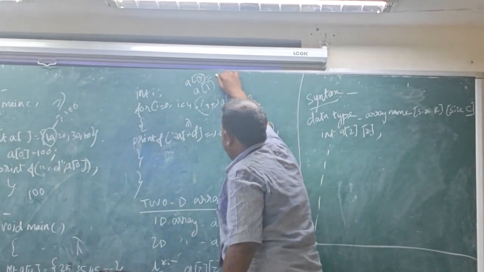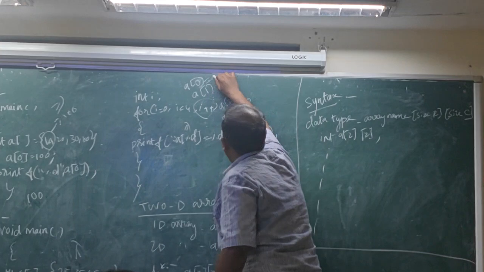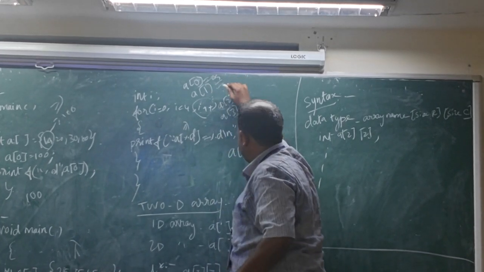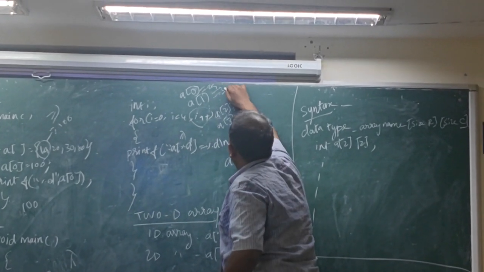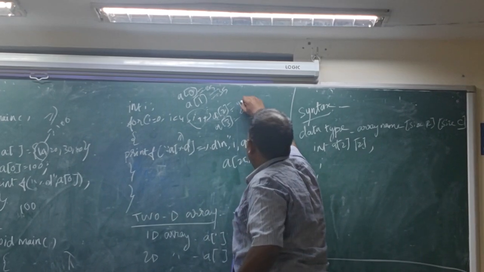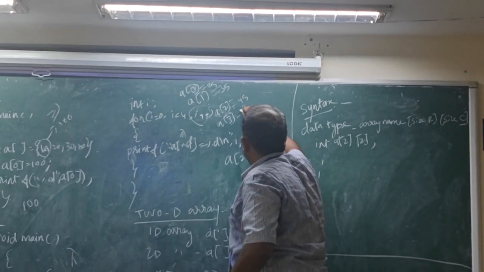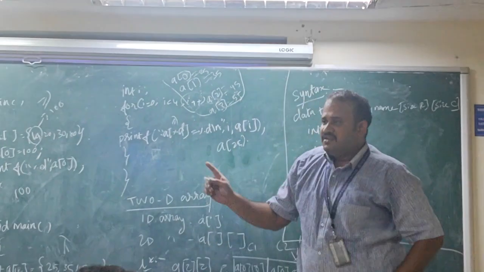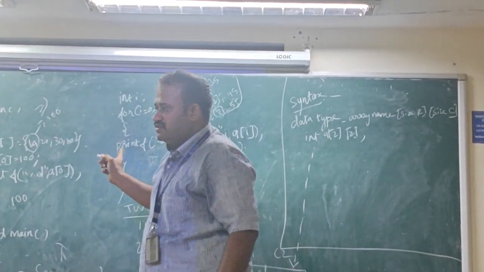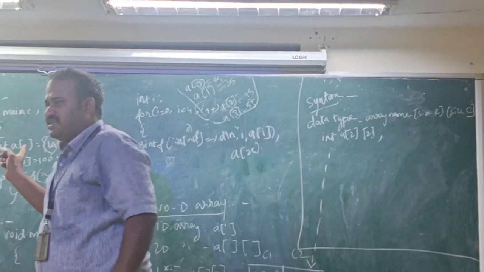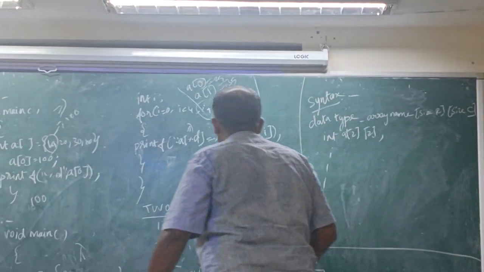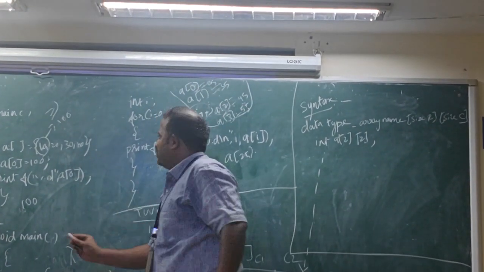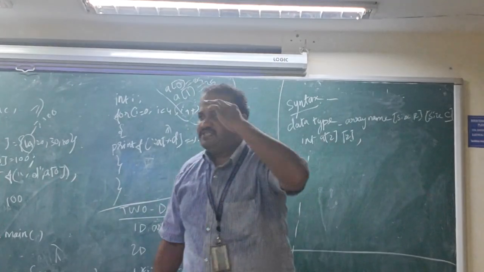It will give the output: A of 0 is 25, A of 1 is 35, A of 2 is 45, A of 3 is 55. So this is your answer. Correct? How are you able to get this answer? Correct? Okay. Right. So till here, example 4, it is one dimensional.